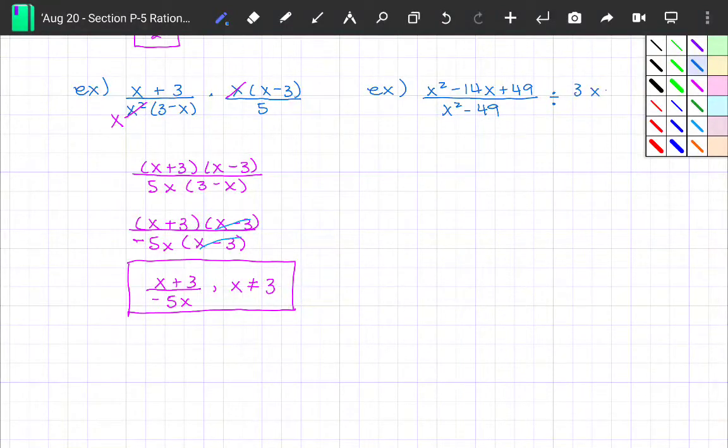But think about what you do with fractions normally with division. What do you have to change them to first? So you would change it to multiplication and flip the second fraction and then just do it from there. So go ahead and pause the video, see how you do, and then I will reveal the solution. So pause the video right now and try it on your own.